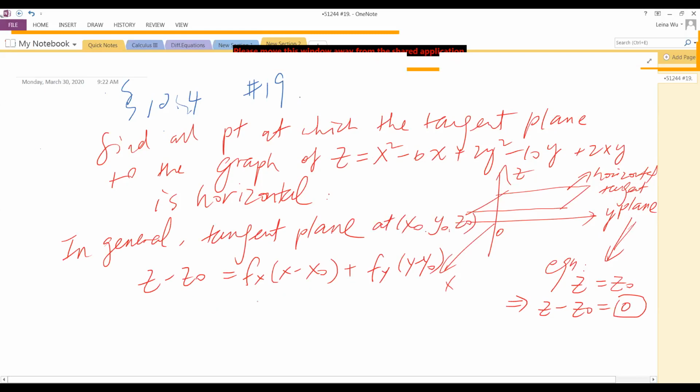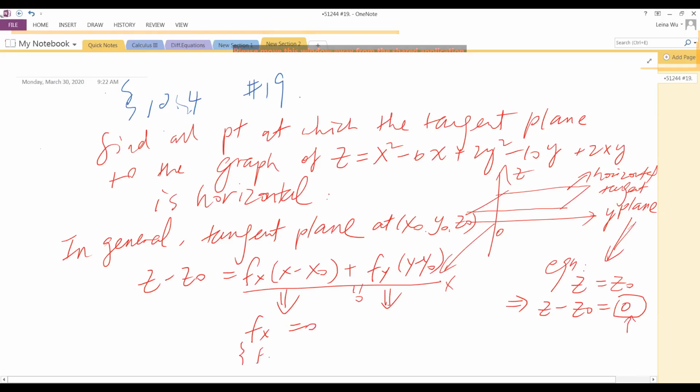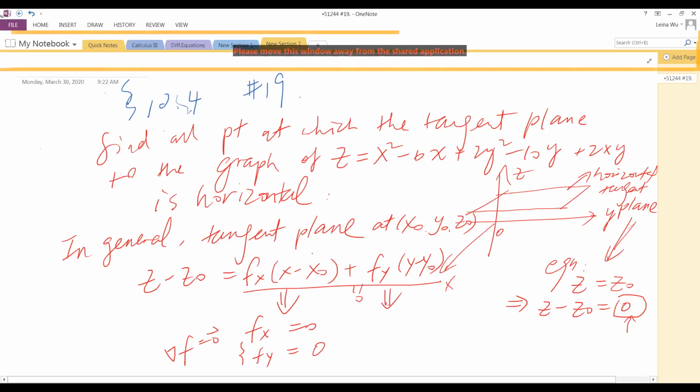So if we want the right-hand side to be 0, the partial x should be 0 and the partial y should be 0, which means the gradient of the function should be 0 at that point.